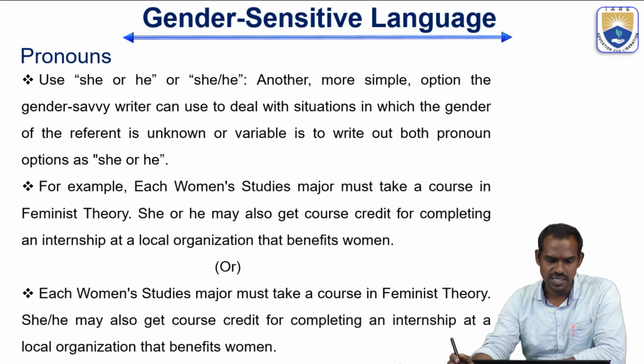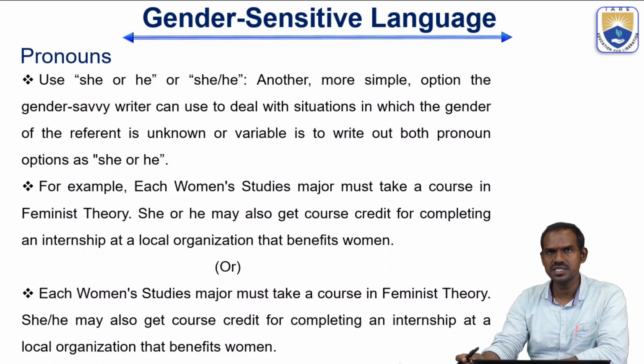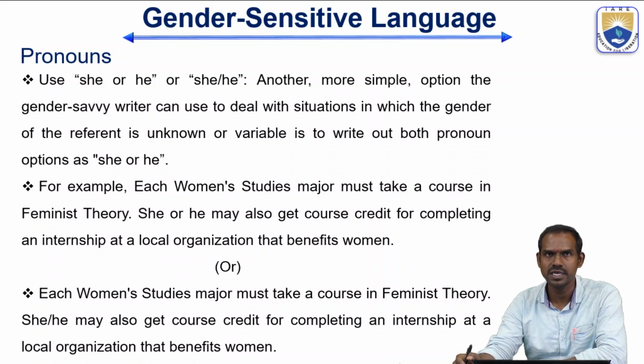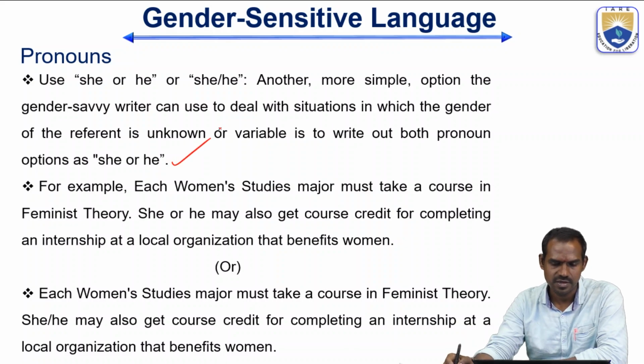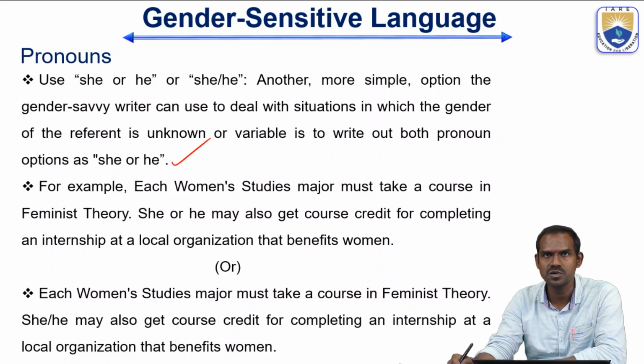Use she or he, or she/he. Another more simple option the gender savvy writer can use to deal with situations in which the gender of the referent is unknown or variable is to write out both pronoun options as she or he.